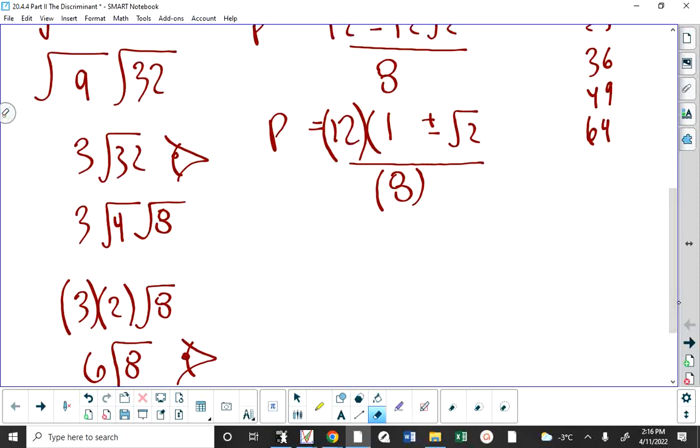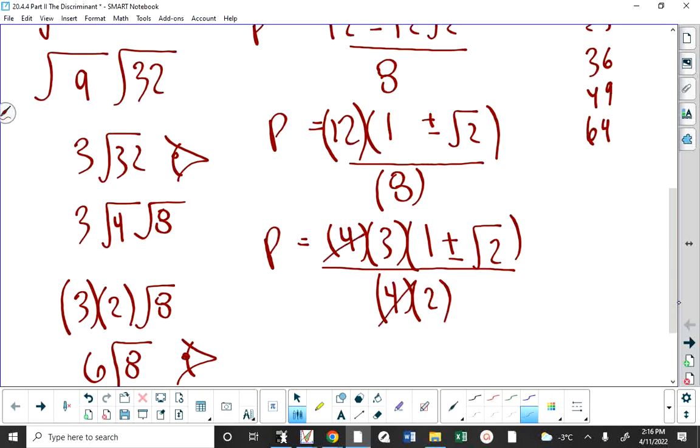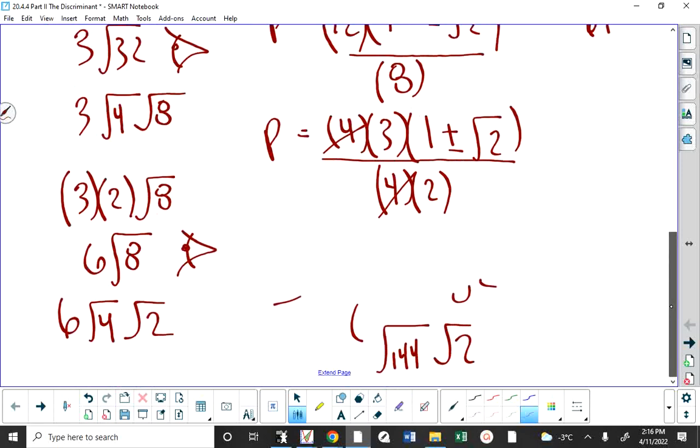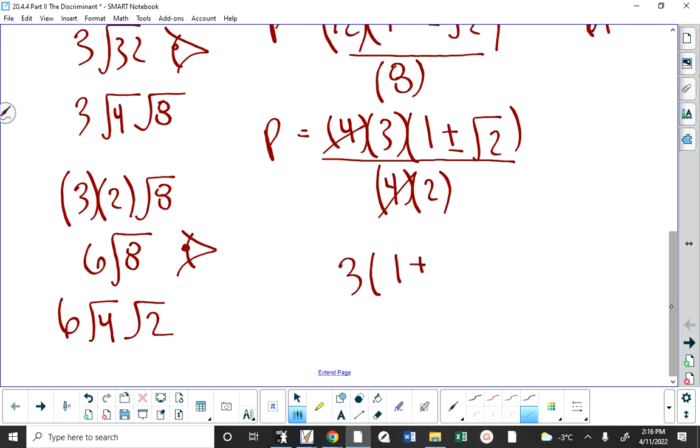I can cancel a 4 out of each because I can write the 12 as 4 times 3, and I can write the 8 as 4 times 2. Then I can see that I have two factors that are common. So I end up with 3 times 1 plus or minus root 2 over 2.